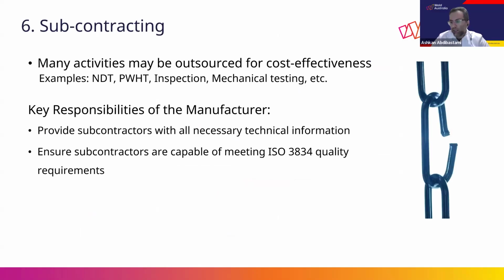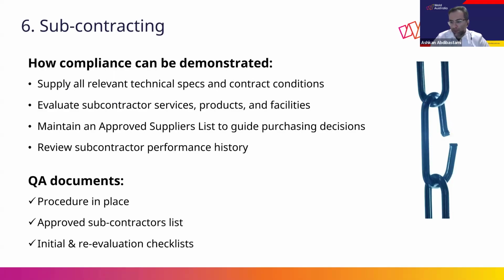Okay, and subcontracting, that's common for activity like NDT, post-weld heat treatment, and the manufacturer remains responsible. To demonstrate compliance, a manufacturer must supply all relevant technical specification and evaluate subcontractor capability and maintain approved supplier list.